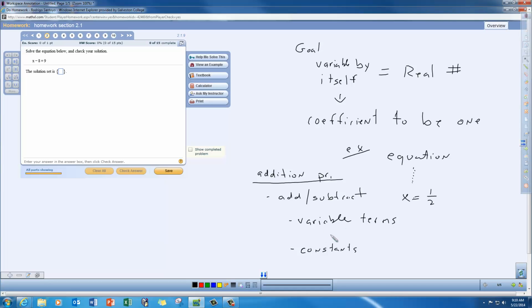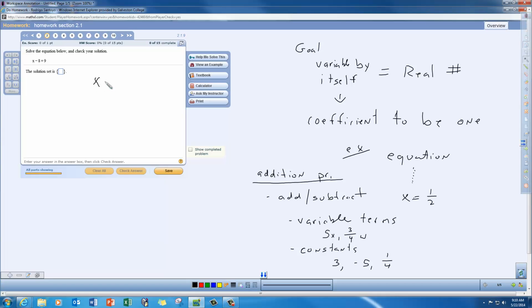Keep in mind a variable term is something like 5x or 3 over 4w. A constant is just a number that stands by itself, like 3, -5, or 1/4. Remember, what you do to one side of the equal sign, you do to the other side.